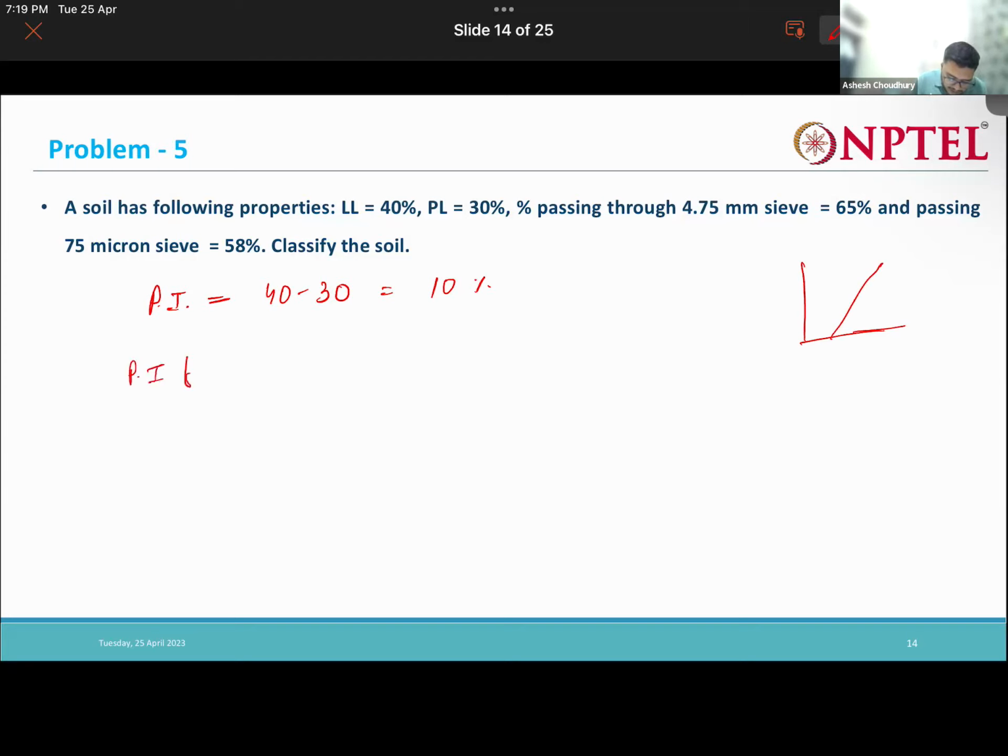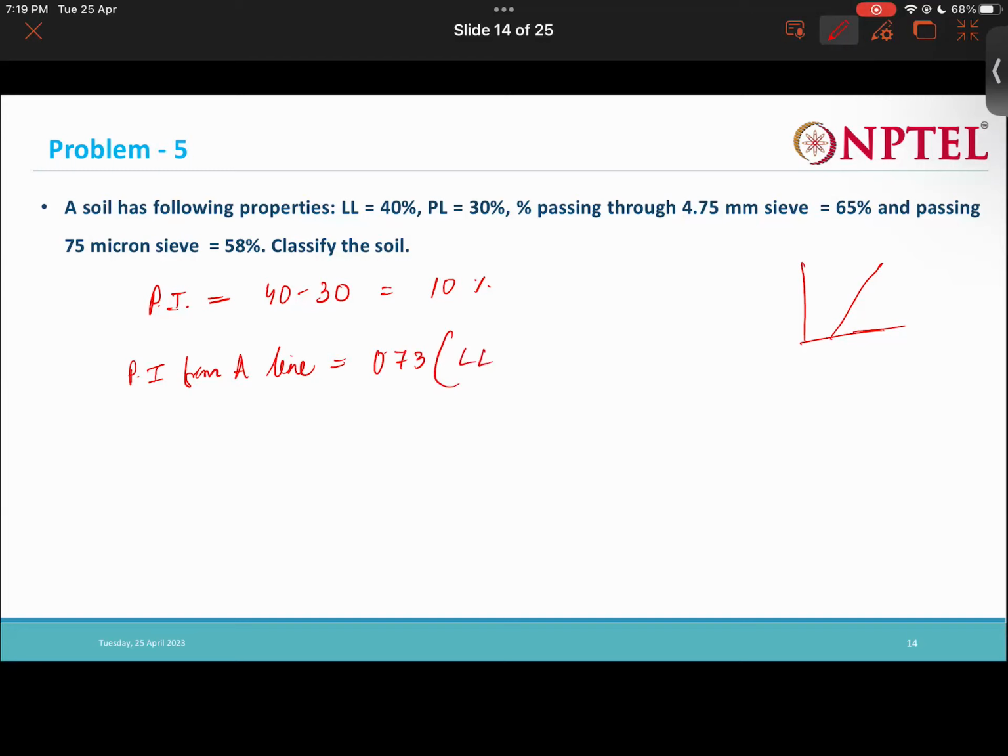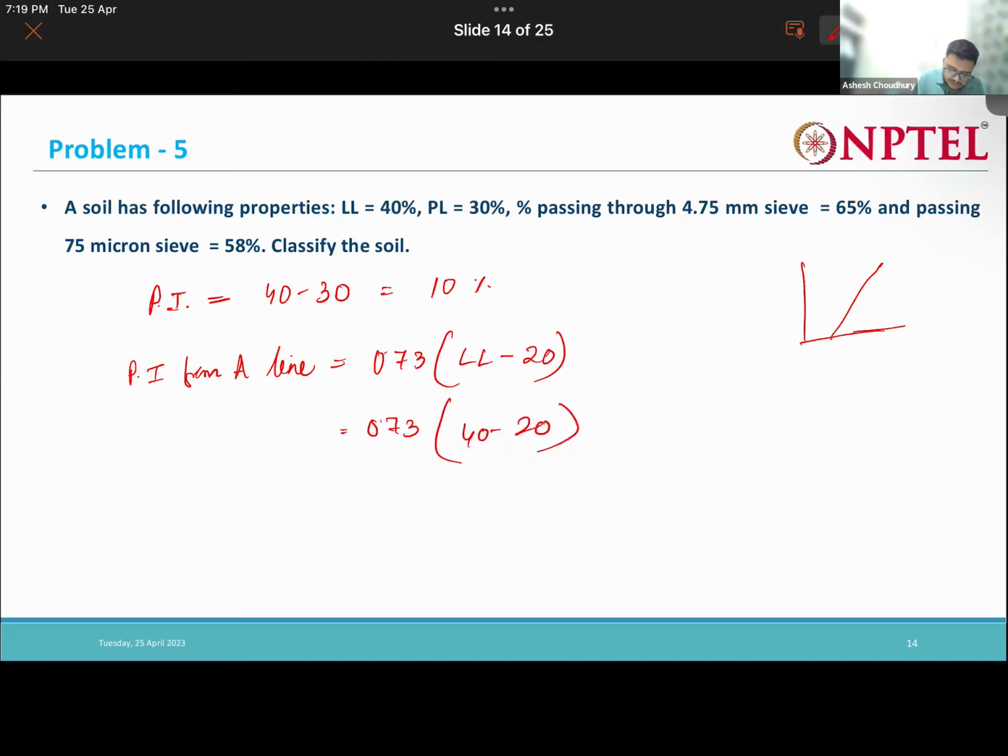PI from the A line will be 0.73 into (LL minus 20). So 0.73, and the liquid limit is how much? 40. So how much is it? 14.6.